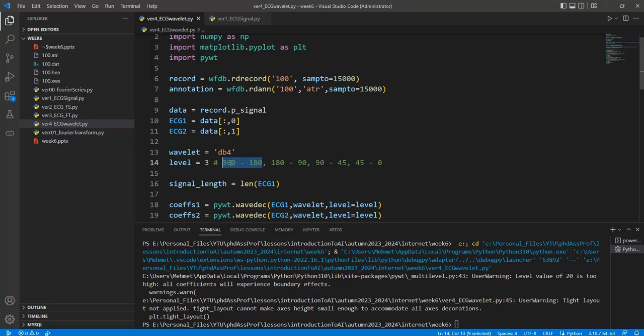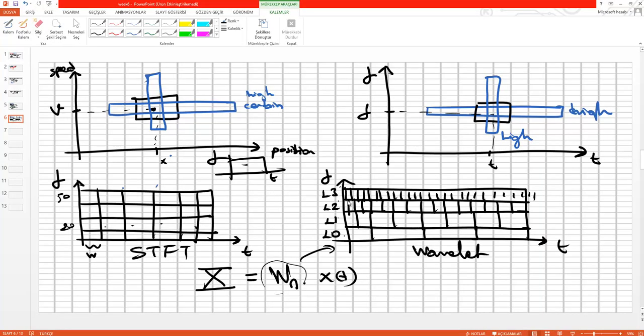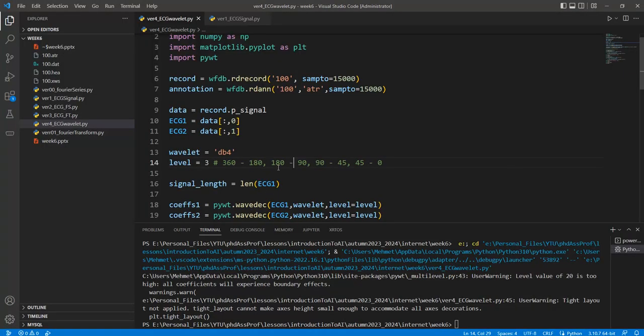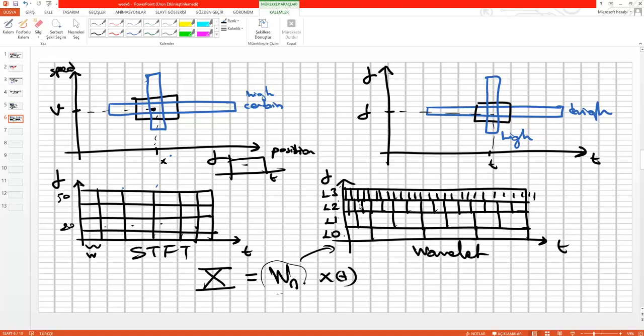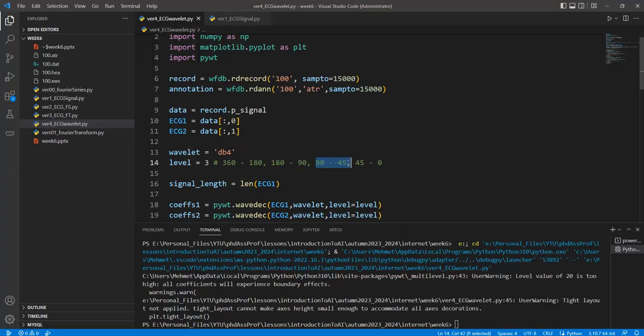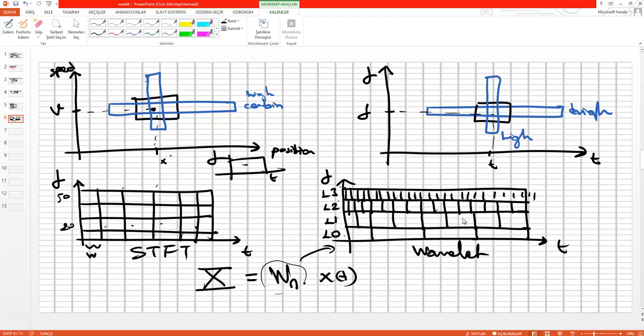In this case 360 to 180 represents L3, yes, L3. 180 to 90 is L2. 90 to 45 is L1. 45 to 0 is the more expanded region, because it's the slowest frequency in this case. Okay? You get it?